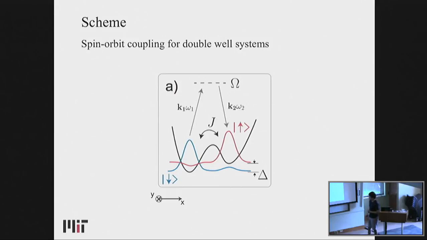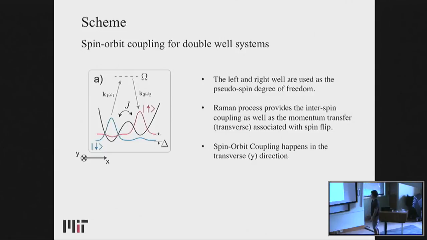If we arrange the geometry of the two Raman beams, we can achieve that when we transfer the atoms from one well to the other, we give a non-zero momentum kick along a certain direction. That is the fundamental idea of the spin-orbit coupling. So we're expecting that in this scheme, we can implement the spin-orbit coupling Hamiltonian in our system.